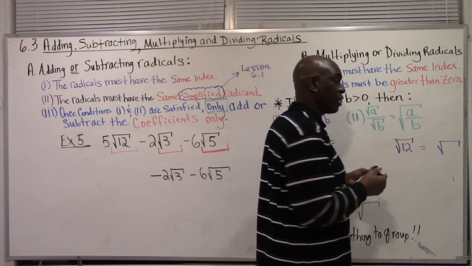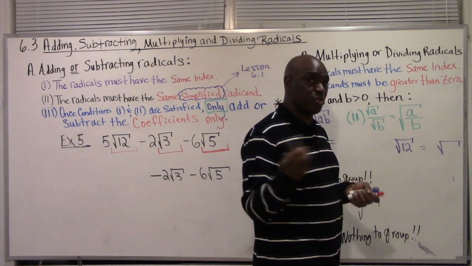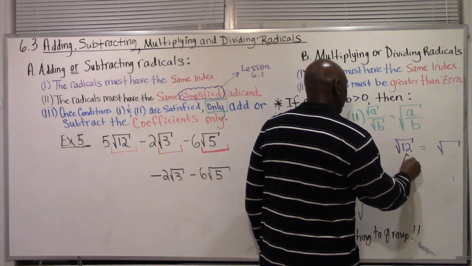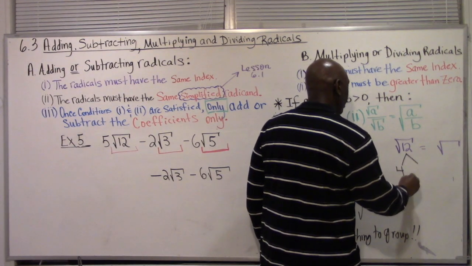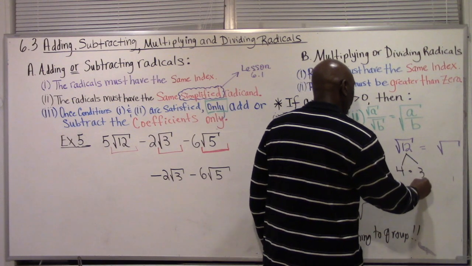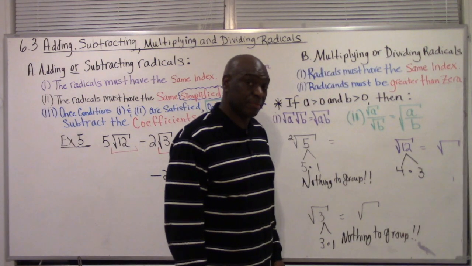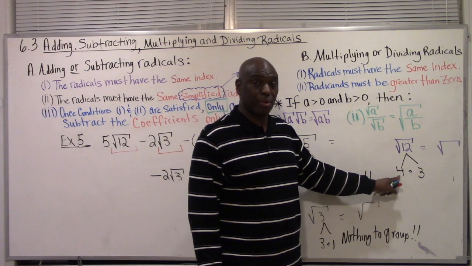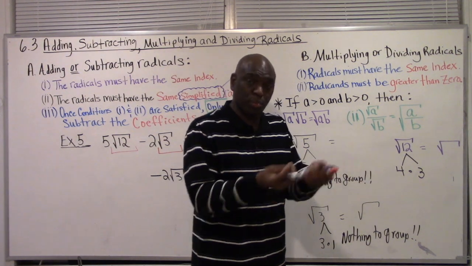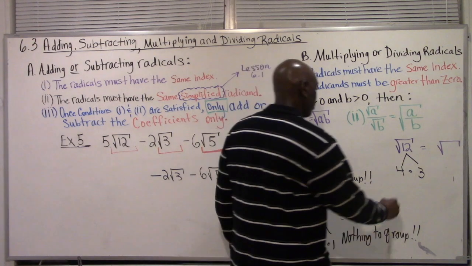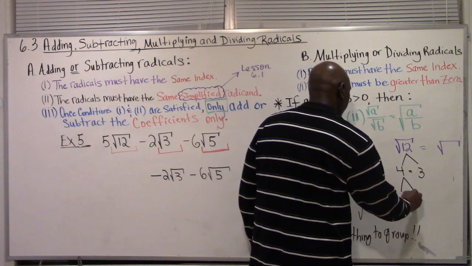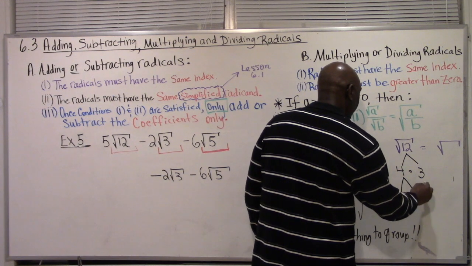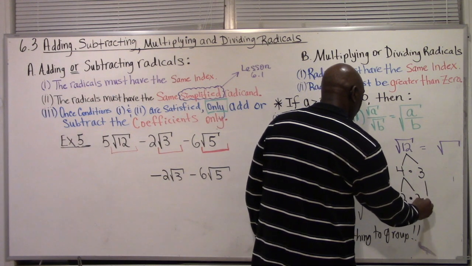I'm going to start with 4 times 3. So 12 is 4 times 3. Everybody good with that? 4 is not a prime number. It's a composite number. It's composed of 2 other factors, so break it down. 4 is 2 times 2, and bring down the 3.